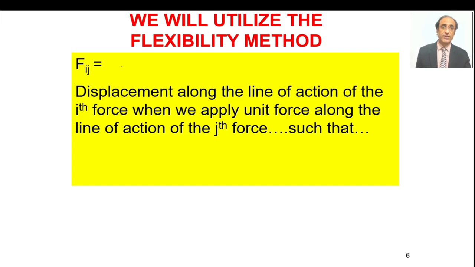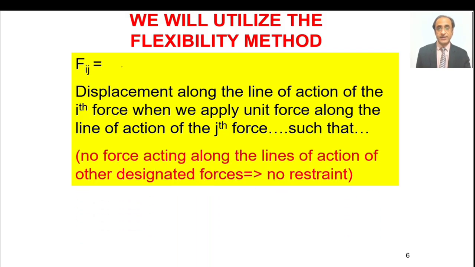So we will be using the terms degrees of freedom and lines of action of forces interchangeably. So basically here the rider is that when we are applying such force, the condition is that there is no force acting along the lines of action of any other designated forces. So that means there is no other restraint.